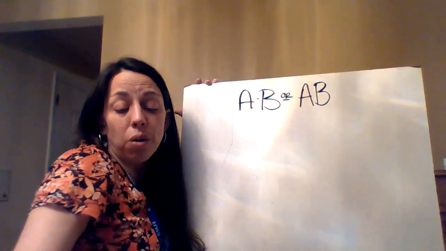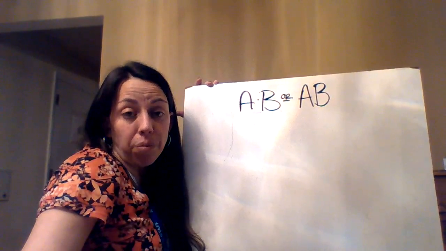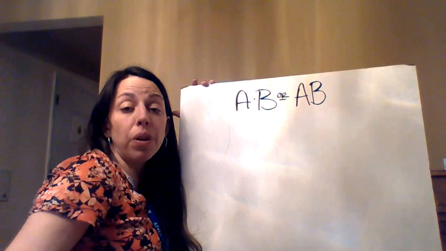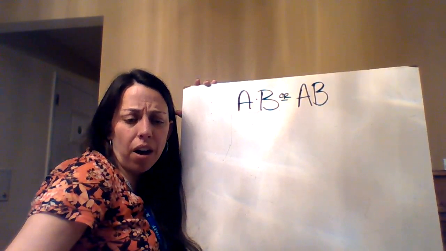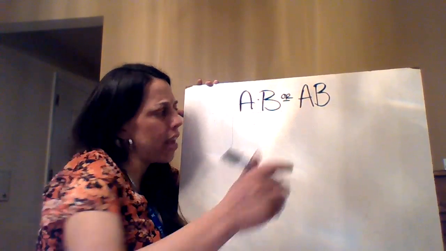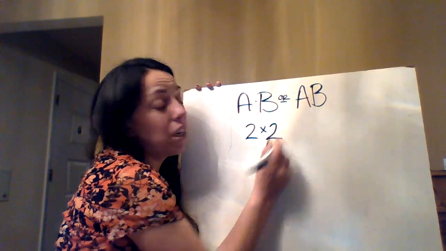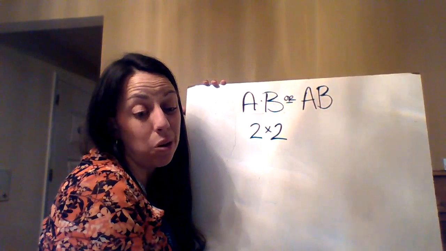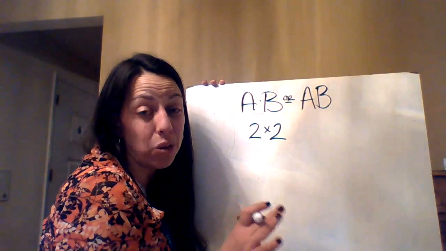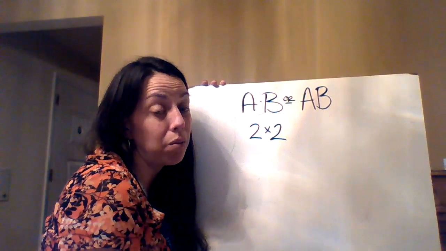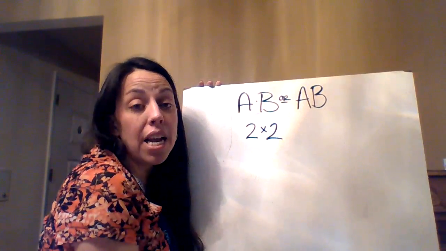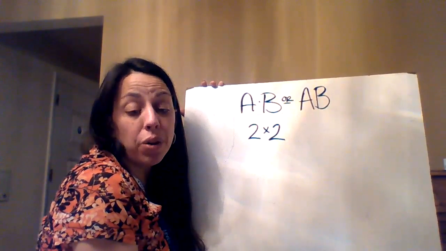All right, so if you look up above, who would like to tell me what the dimensions of A are? The dimensions of A, if you look at it, it was a nice square one. There is some really cool stuff we're going to do in a couple sections with square matrices, 2 by 2, 3 by 3, square. So that is a square matrix of a 2 by 2.